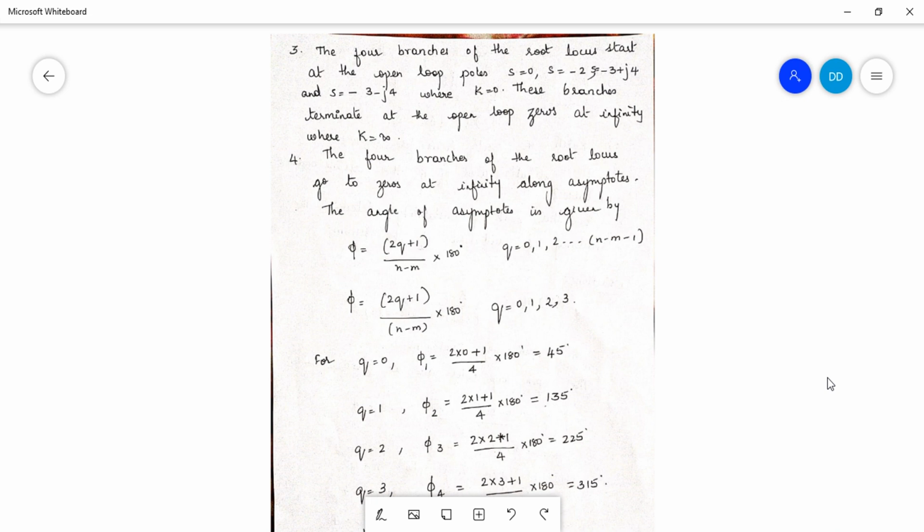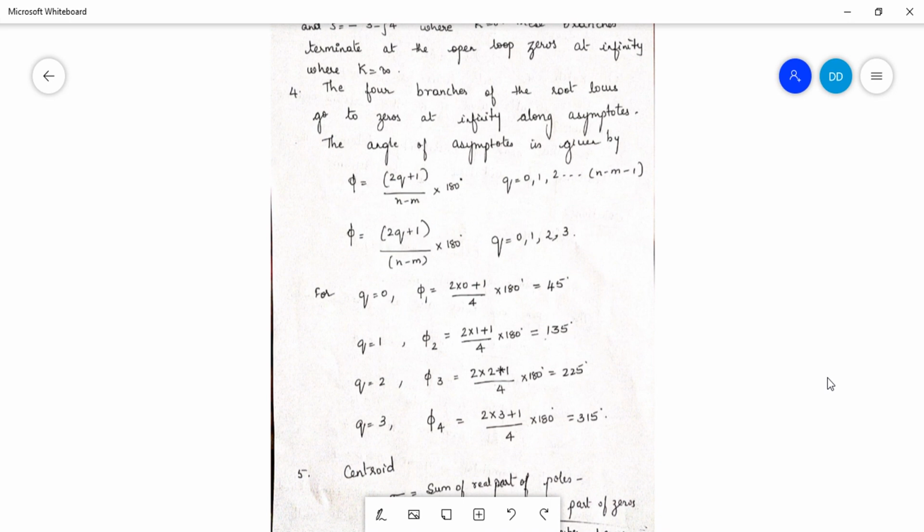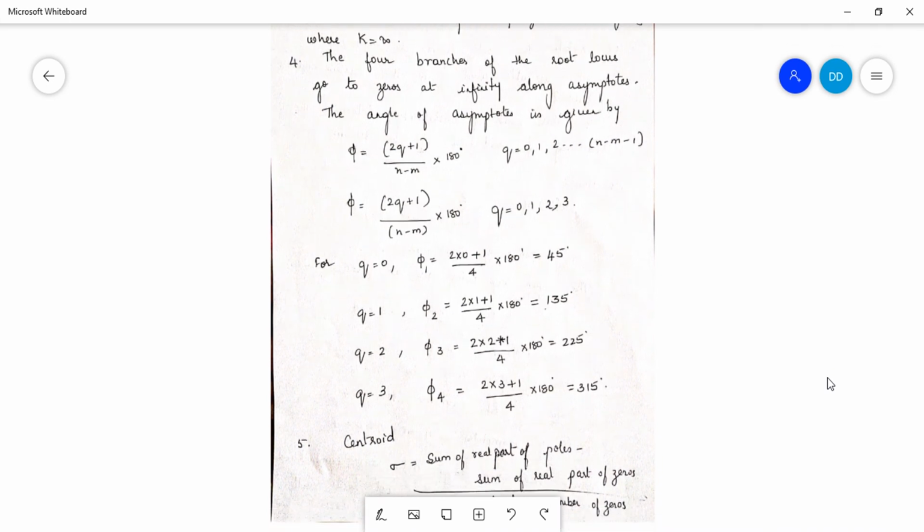So q takes the values 0, 1, 2 and 3. If we substitute q equal to 0, we get 45 degrees. If q is 1, we get 135. If q is 2, we get 225. And if q is 3, we get 315 degrees.